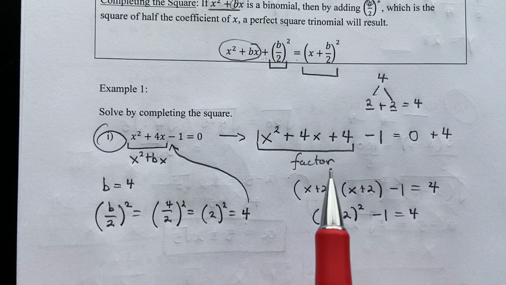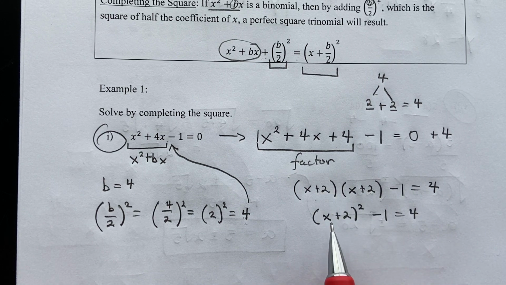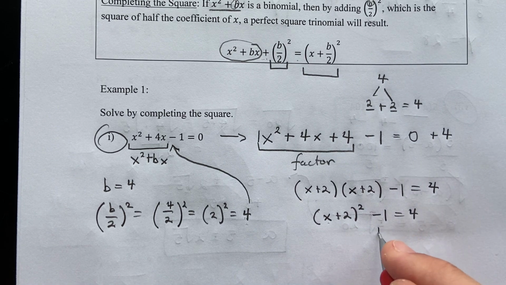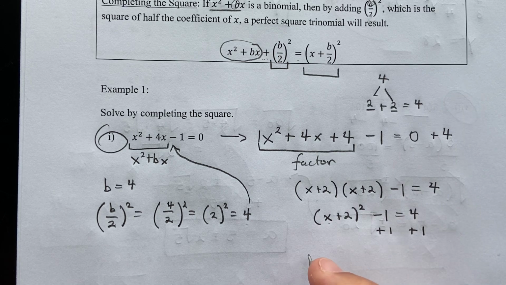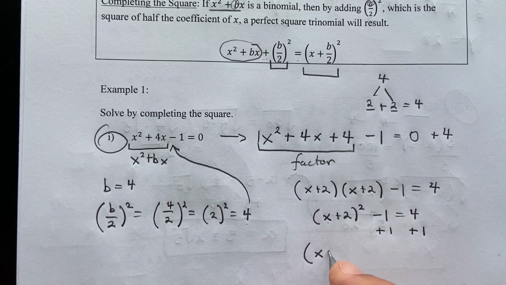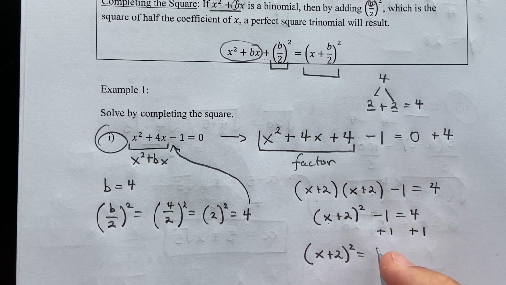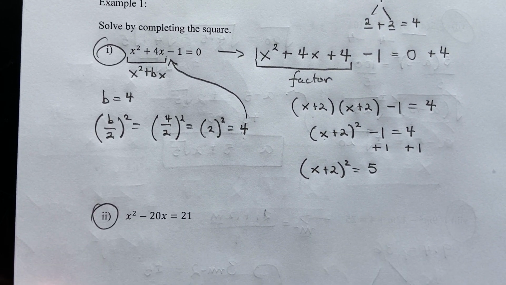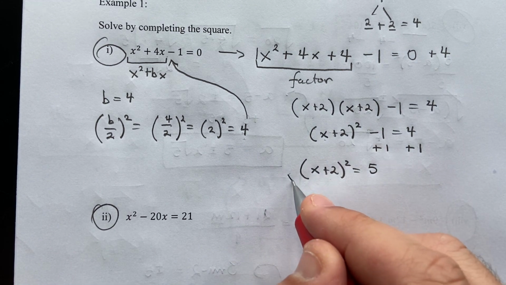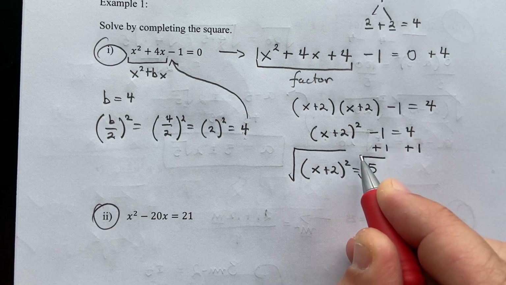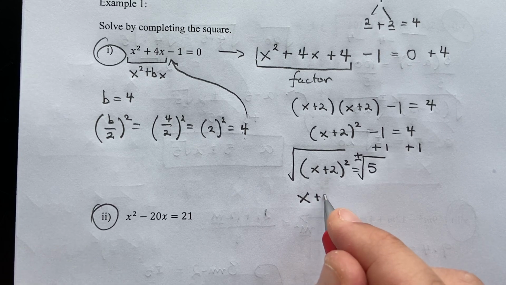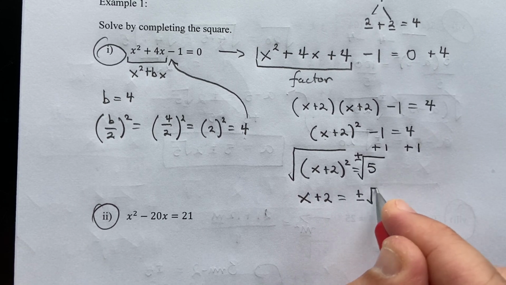All right, so now we have something that is all squared and it fully contains our variable x. So add 1, I want to isolate that thing that's being squared. Right, now we're back to a problem like we had in the previous section. So apply a square root, plus and minus on the pure number side. So I have x plus 2 equals plus and minus root 5.